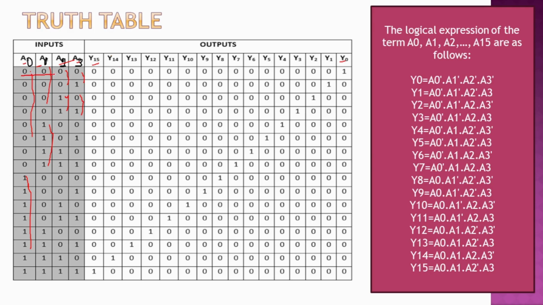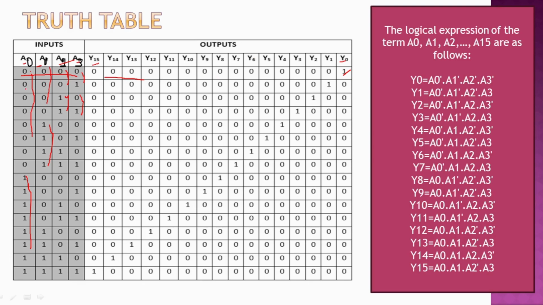When all 4 inputs are given as 0, you will get Y0 as 1 and the remaining 15 values will be 0. So the remaining 15 values will be 0.